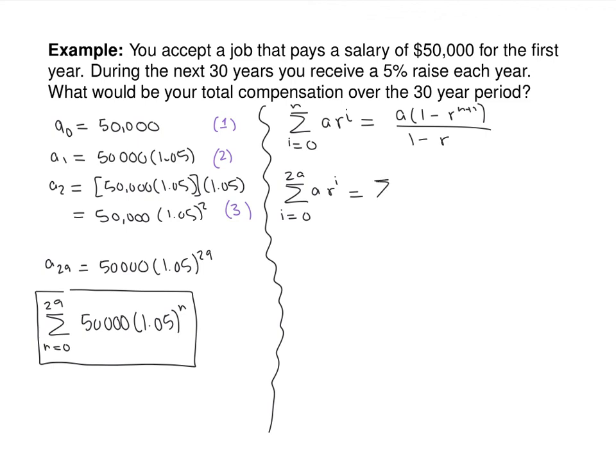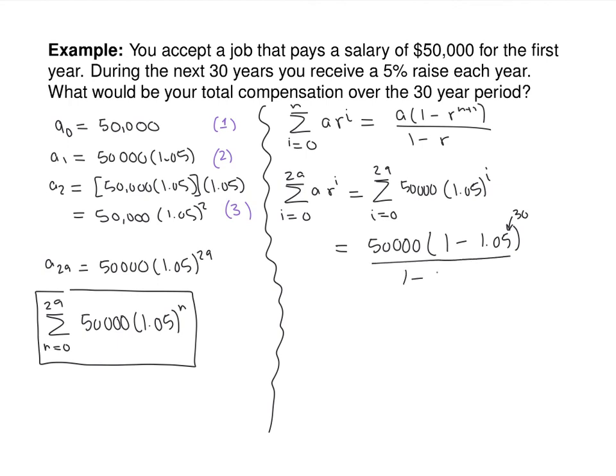And plugging in the numbers that we have, it'd be i equals 0 to 29, 50,000 is my a, 1.05 is my r to the i power, and plug those numbers in, we'll have 50,000 times 1 minus 1.05 to the power of n plus 1, so it's going to be the power of 30, all over 1 minus 1.05.